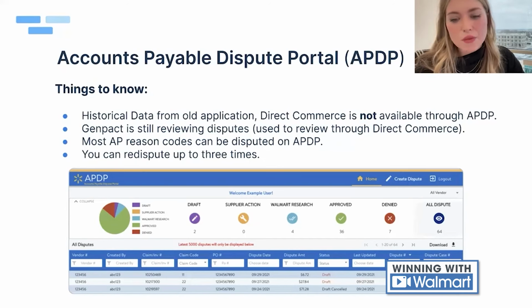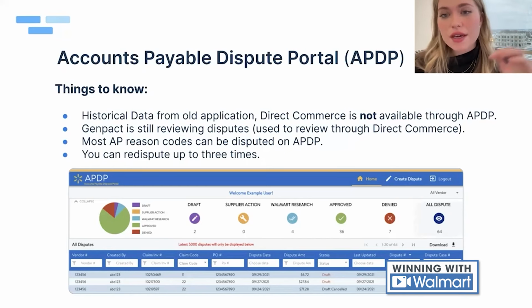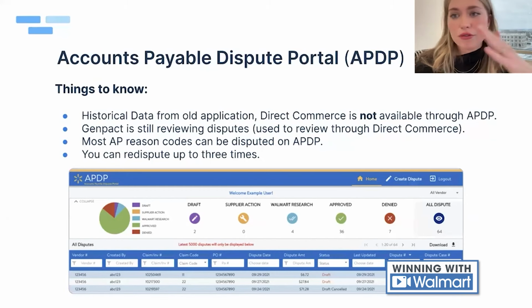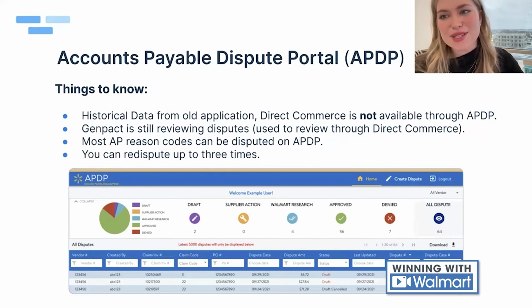You don't want to be in the situation we've seen other suppliers in, disputing everything without putting a lot of thought into the very first dispute, not providing all of the documents they need, and then Walmart rejecting it and kicking it back. Then you've lost one chance potentially to recover that money.